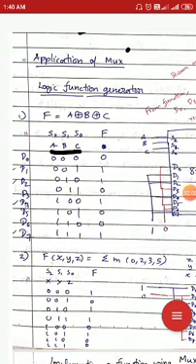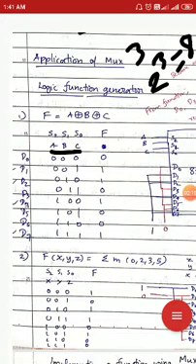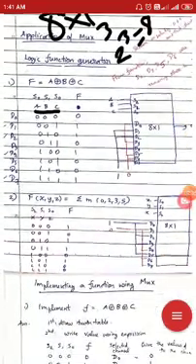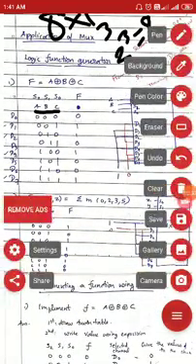So three select lines means we can select 2 raised to 3. So 2 raised to 3, that's equal to 8. So 8 combinations can be selected using 3 select lines. So we are using an 8 by 1 mux. We are selecting an 8 by 1 mux.